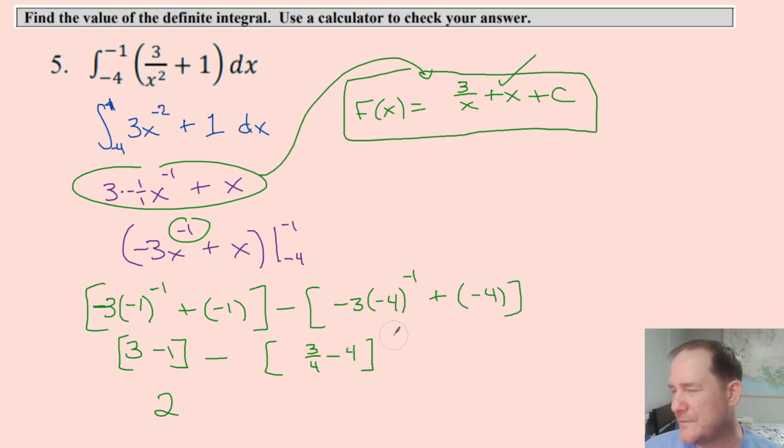I was toying with starting to simplify, but let's take it slow. So this is 3/4. Subtracting 4, well, that's 4 over 1. So times 4 over 4 would make 16/4.